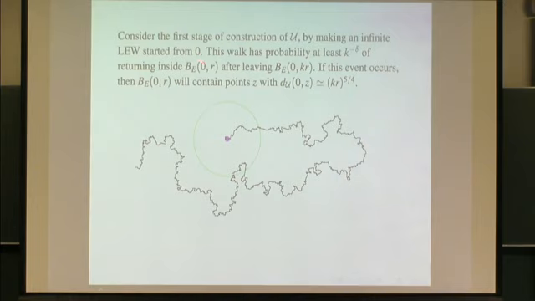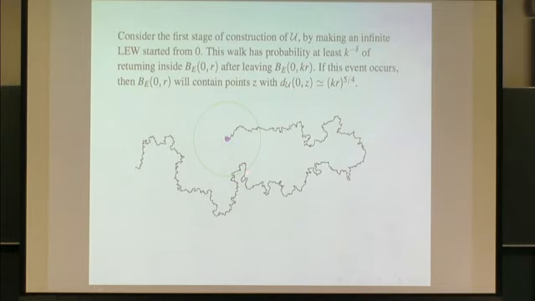One way of starting it, as we saw, is to take an infinite loop-erased random walk starting from 0. So here is this infinite loop-erased random walk starting from 0. With a bit of work, one can show that it has a probability at least k to the minus delta, for some delta, of returning inside the ball of radius r after leaving a ball of radius kr.